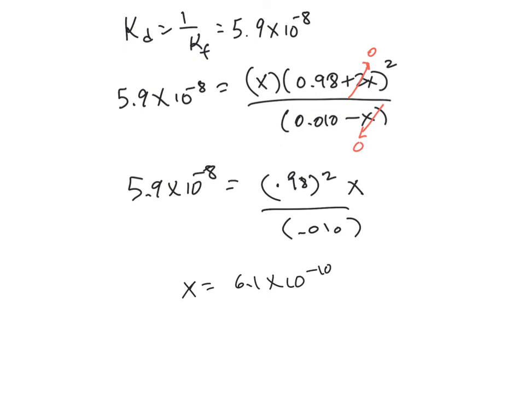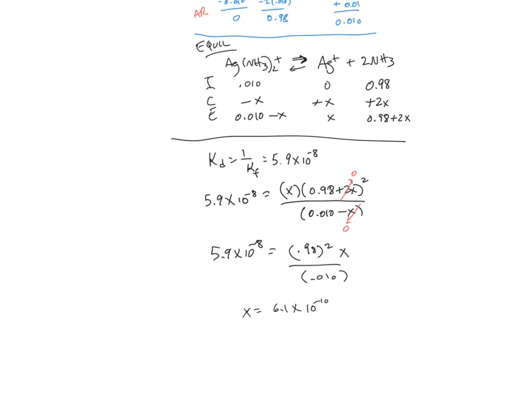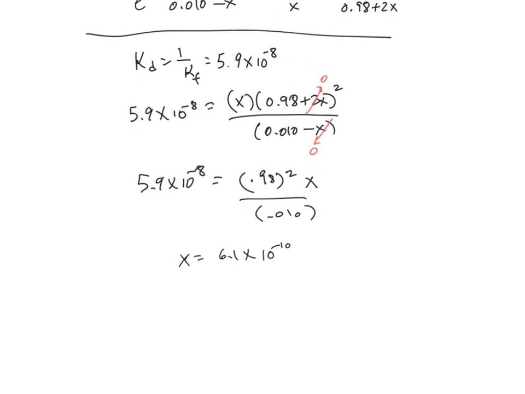Clean that up a little bit there. I made a bigger mess. Okay, so 10^-10. So go back to your table. What is x? X is equal to the silver ion concentration, and that was the question. What is the silver concentration? So silver plus is equal to x, 6.1 × 10^-10.